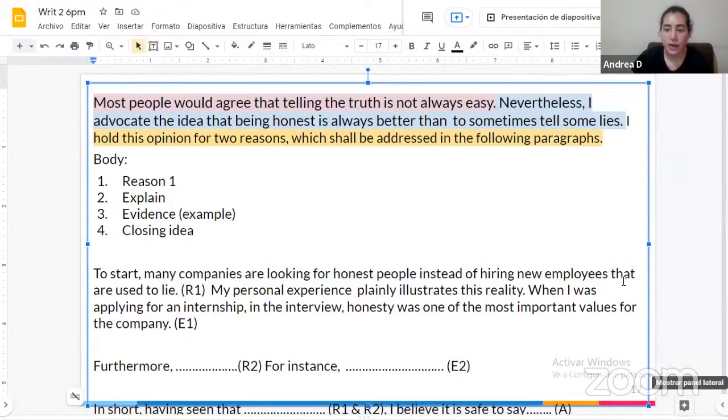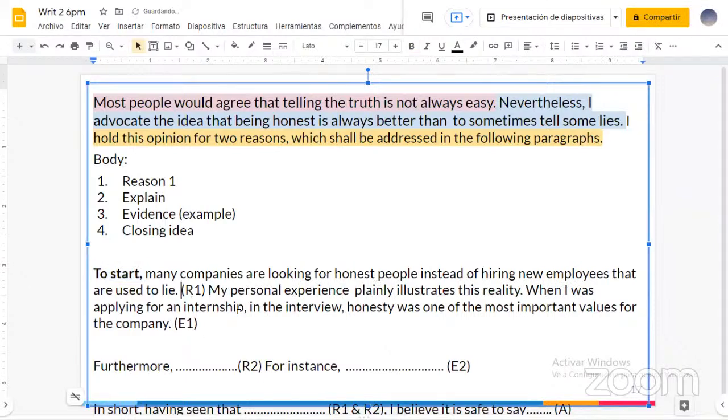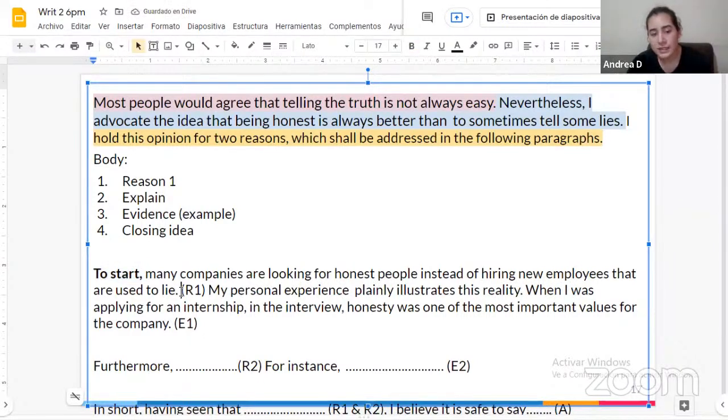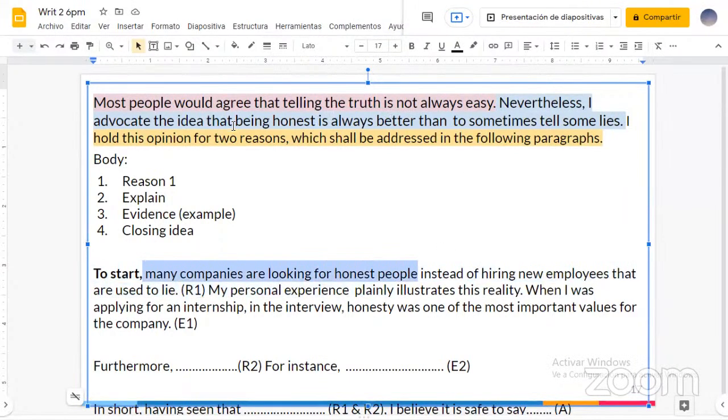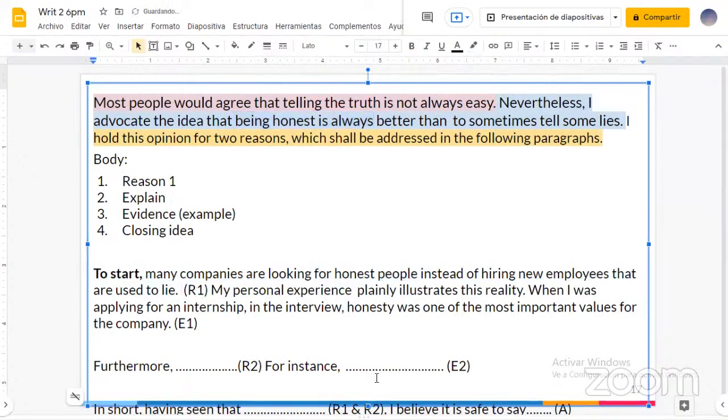Okay, so how can we do that? Can anybody write that part? Maybe Diego? One more sentence explaining the connection between this idea that companies look for honest people and the idea that therefore you should always be honest.